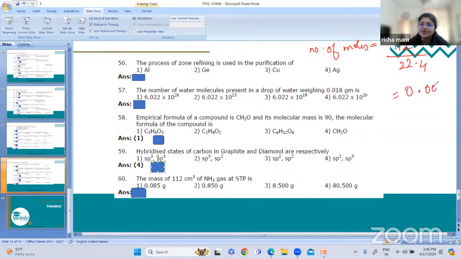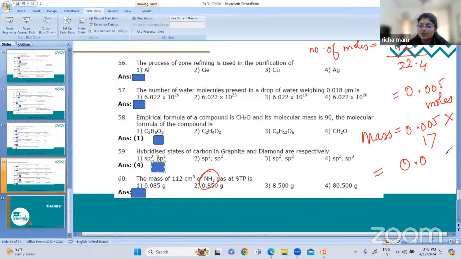You are going to get 0.005 moles, right? At standard temperature and pressure, the volume is 22.4 liters. So mass can be calculated as 0.005 into the molar mass of ammonia, which is 17. So the mass of NH3 is 0.085 grams. So option number 1.